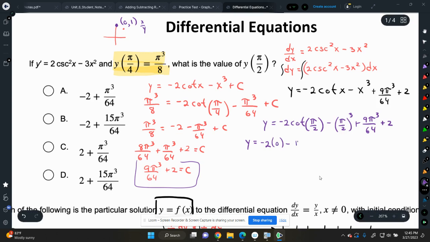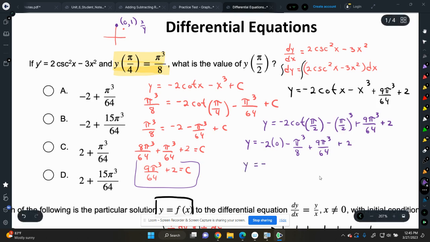Minus pi cubed over 8 plus 9 pi cubed over 64 plus 2. So I need a common denominator again. So that's going to be 0.